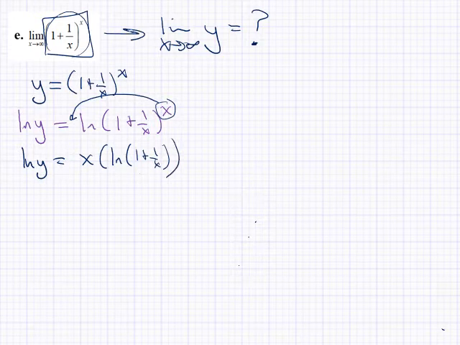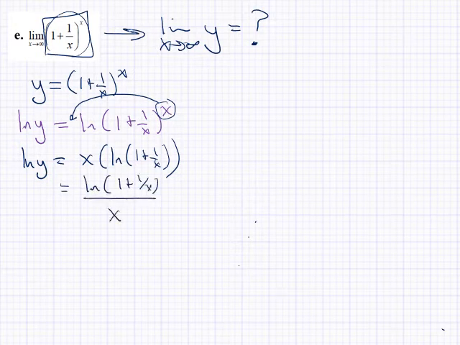Which I can also write as log of 1 plus 1 over x, over x to the negative 1. I could also write 1 over x here as x to the negative 1. Right. And this is log y.